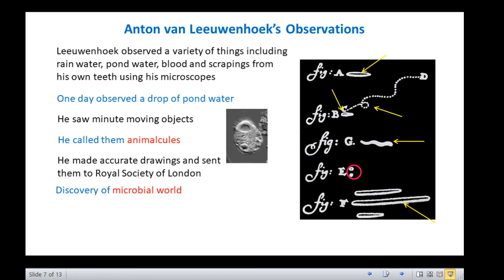However, it is said that his daughter Maria, who was also his assistant, requested him and could convince him to donate a few microscopes. Leeuwenhoek died in 1723 at the age of 90.